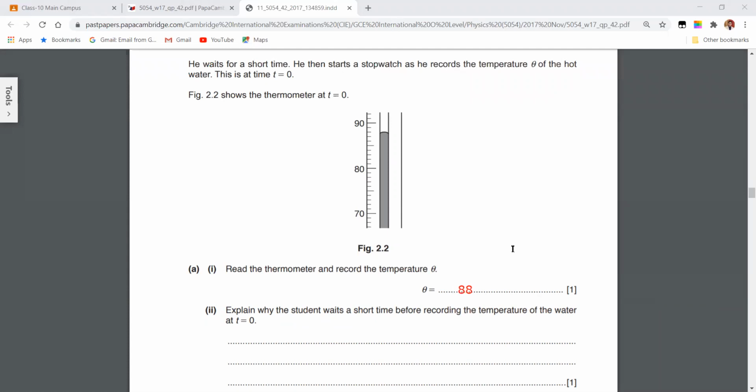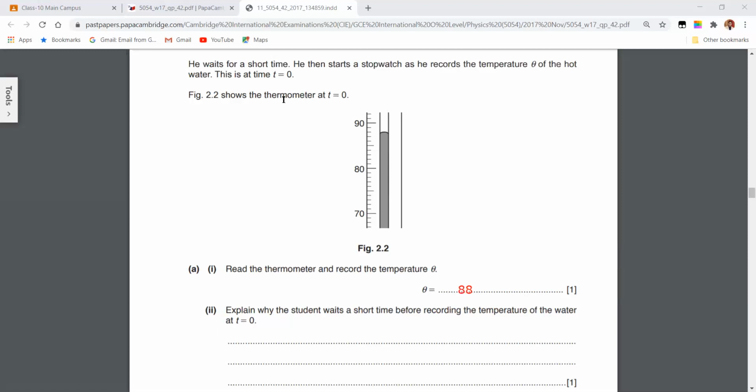Mercury always gives us an upper meniscus. The thermometer has mercury inside, right? Because it's showing upper meniscus, it should be mercury.